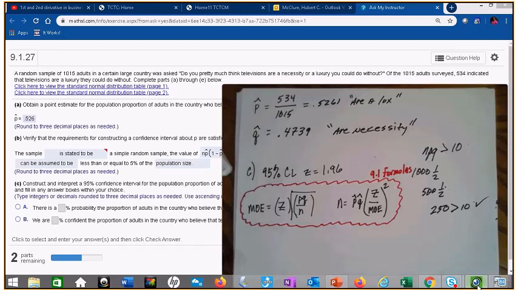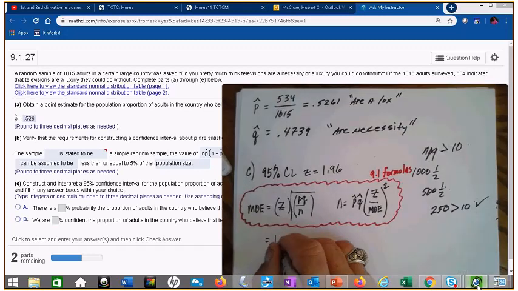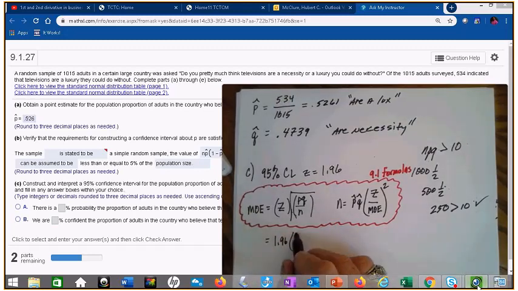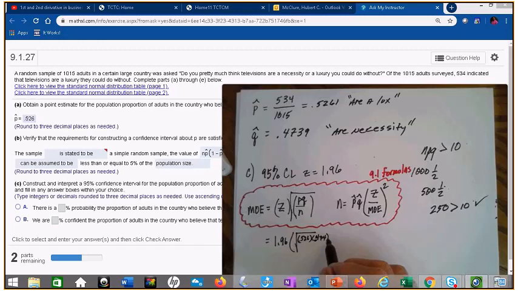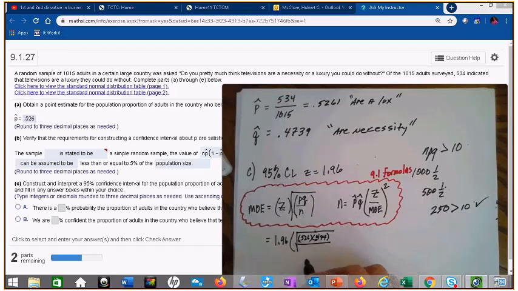All right, so Z is 1.96. I guess they want the margin of error. 1.96 times the square root of 0.526 times 0.474 over, what is it, 1,015?